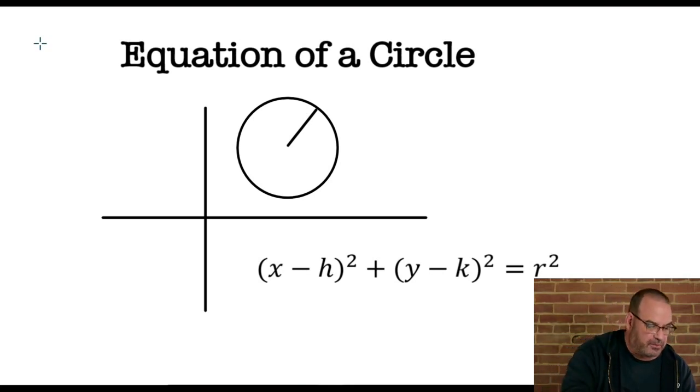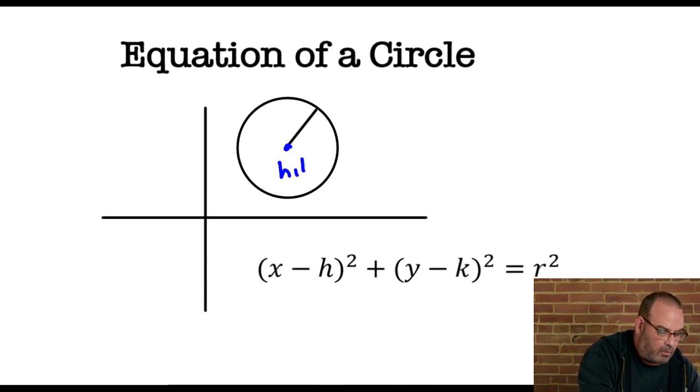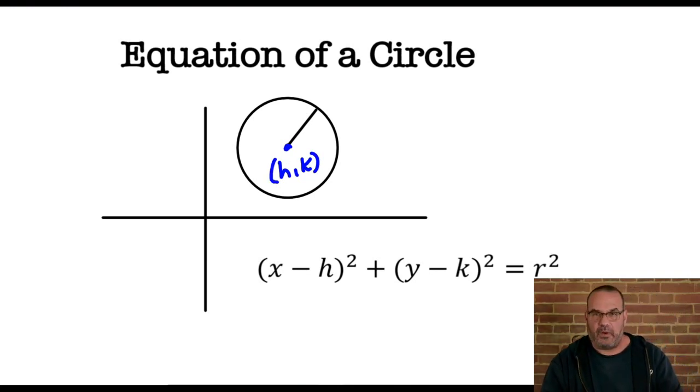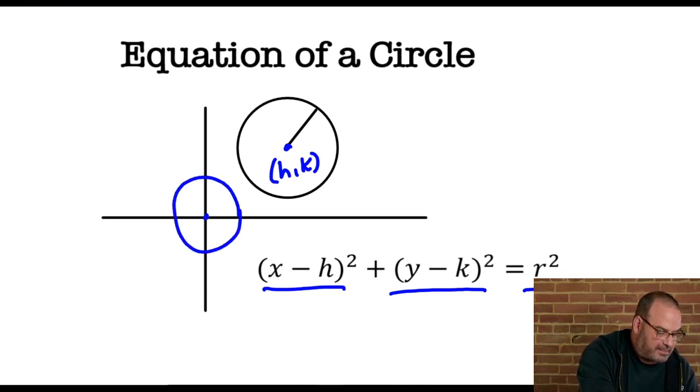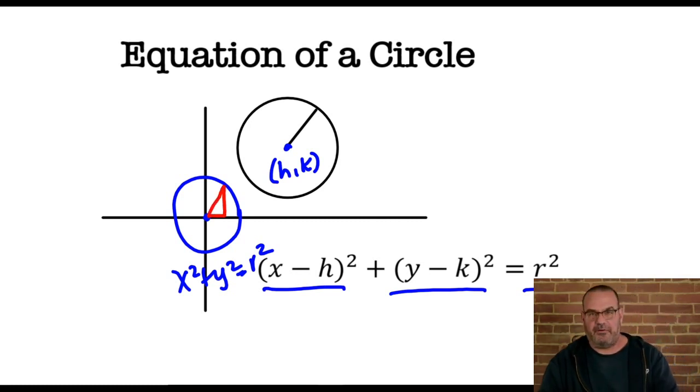So if I have a circle in the XY coordinate plane that has the coordinates (h, k) at the center, then the equation of the circle is (x minus h) squared plus (y minus k) squared equals r squared. If it was centered at the origin, it would just be x squared plus y squared equals the radius squared, which looks a lot like the Pythagorean theorem, because it is.